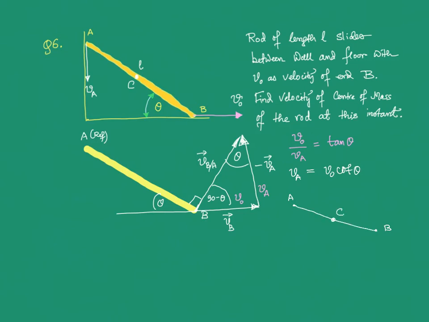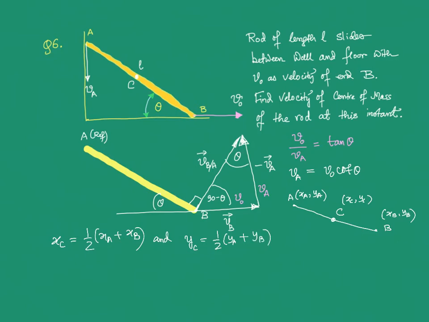C has coordinates XC, YC, A has coordinates XA, YA, and B has coordinates XB and YB. So XC is equal to half of XA plus XB, and the same holds for Y also: YC equals half of YA plus YB.